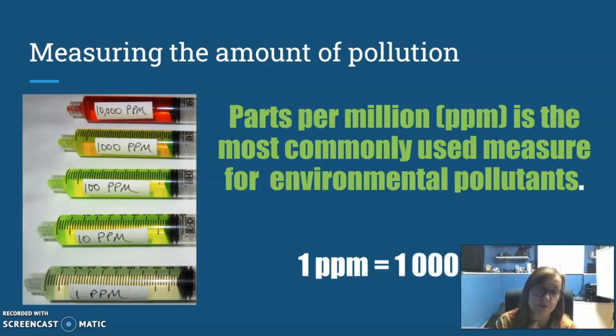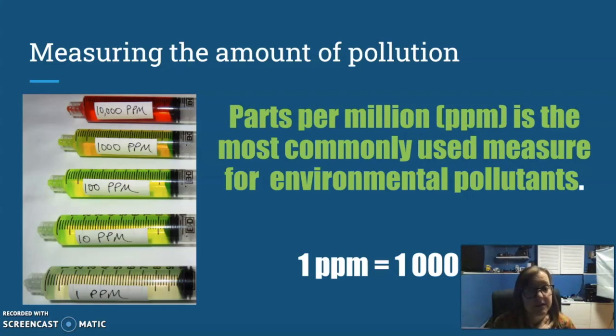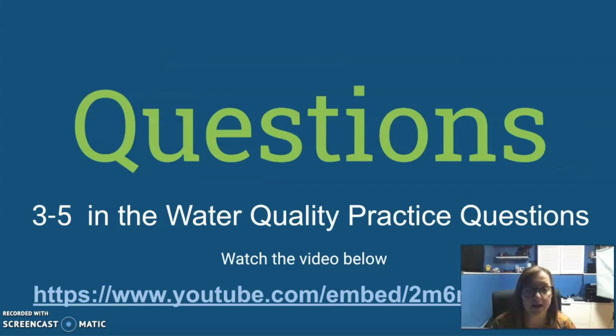The color is showing you how many parts per million you have using a dye, so that the darker it is, the more it would have. 1 part per million is equal to 1,000 parts per billion, and it's just used to show you how much pollution is in the environment. So again, you can stop this video, watch the other video that's embedded, and then do questions 3 to 5 in your practice questions.